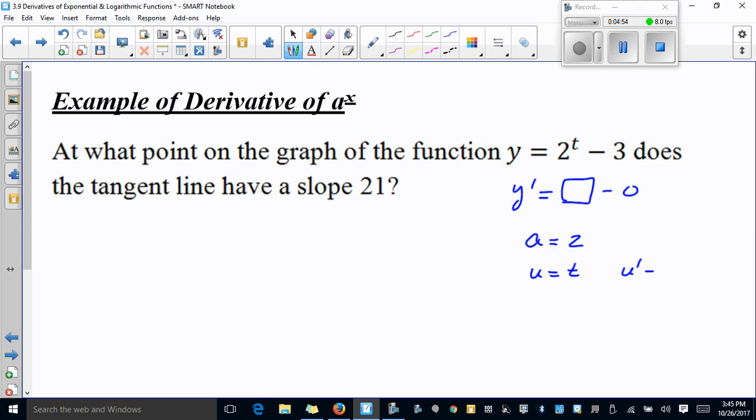So we come over here going y prime equals u prime, which is 1, times a to the u, which is 2 to the t, times the natural log of 2. And we want to know when the value is going to be 21. So 21 equals 2 to the t natural log of 2.